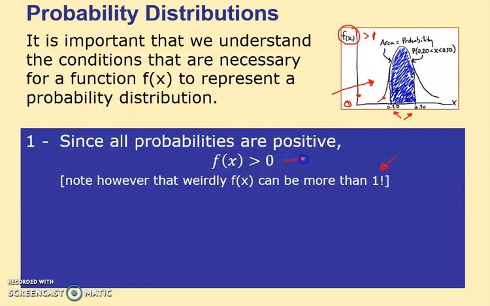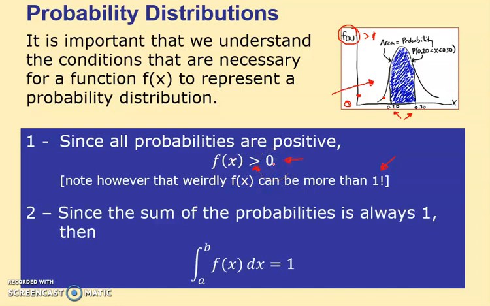So f of x is always greater than or equal to 0, I suppose. I've written f of x is greater than 0, so I'm going to stick with it. But you never get this problem. So basically, just in your mind, f of x is always positive.